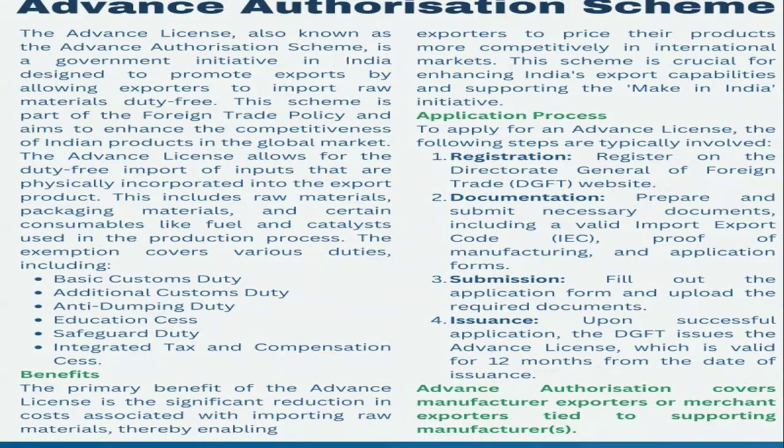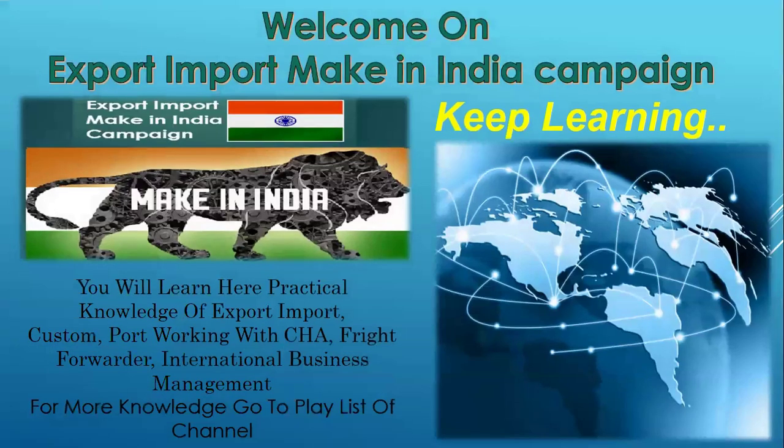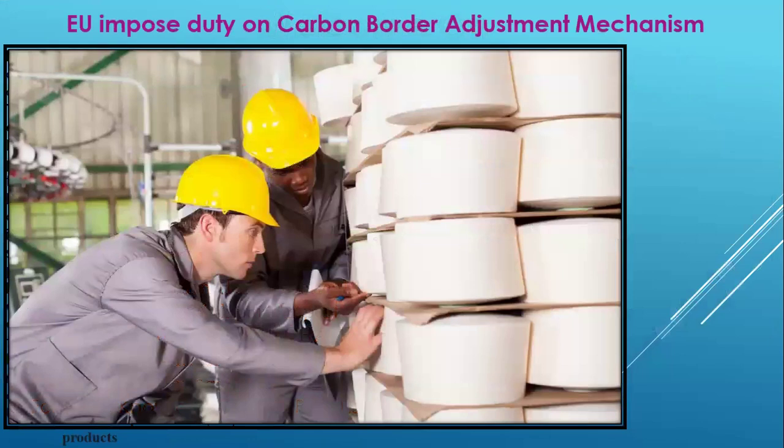Okay, so we'll first start the session with the introduction. We'll try to understand what is the objective behind giving the advanced license to importer and exporter by the government. So here, the government wants to keep Indian export products at a competitive price in the international market.